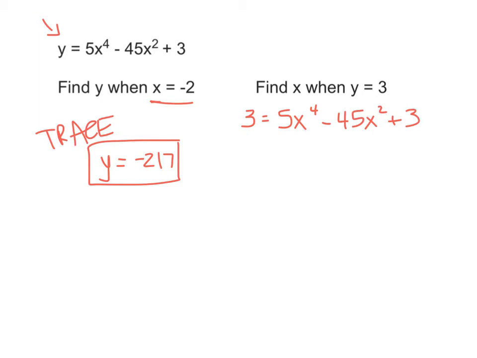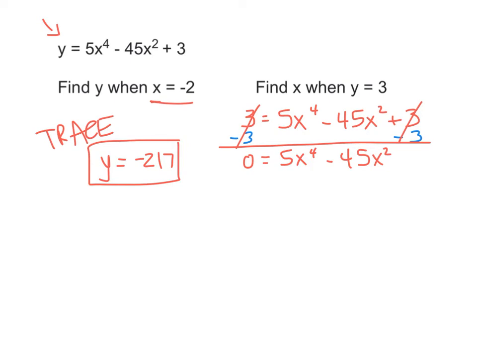And again, when we have a polynomial with different x terms, we're going to need to make this equal to 0 before we can solve. So we're going to subtract 3 from both sides. And when we do so, we're going to get 3 minus 3 is 0, equals 5x to the 4th minus 45x squared, and notice we have a positive 3 minus 3, that actually becomes 0 as well.